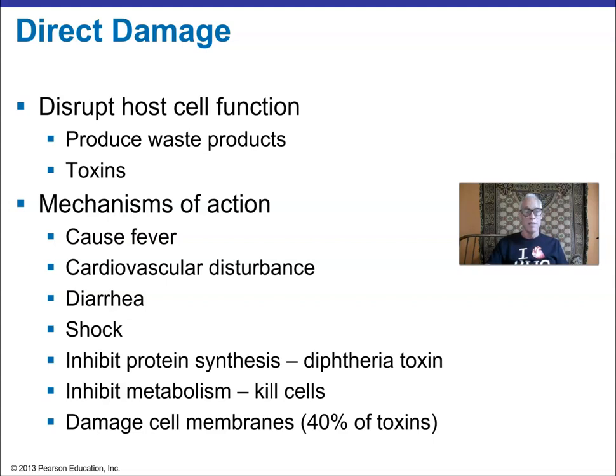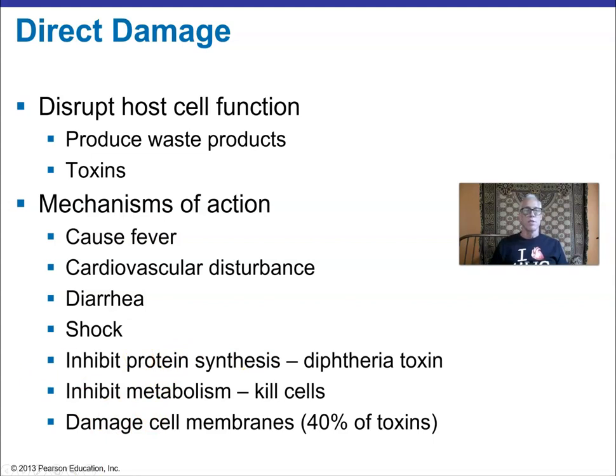Some of their toxins. Diarrhea. We talked already briefly on a few occasions about bacteria that cause diarrheal disease, or protozoa or even helminths, mostly protozoa and bacteria. Shock, I mentioned shock. Some toxins can cause a drop in blood pressure that's so severe it can be lethal.